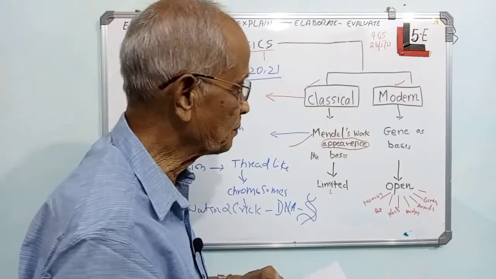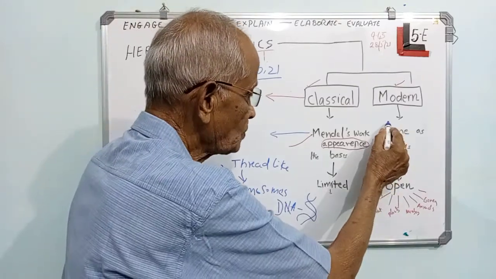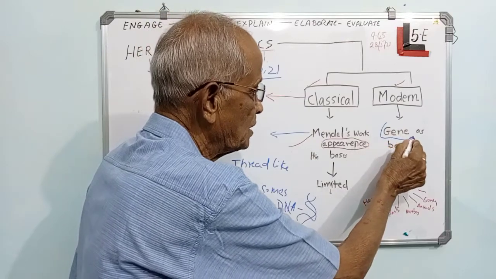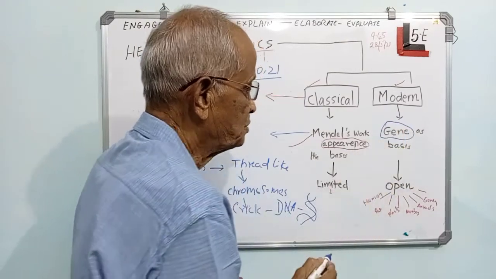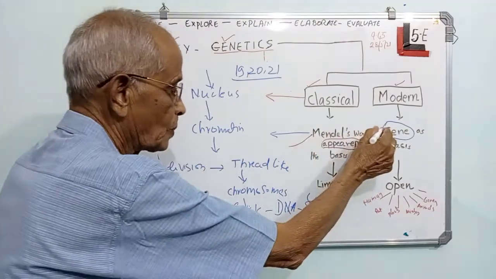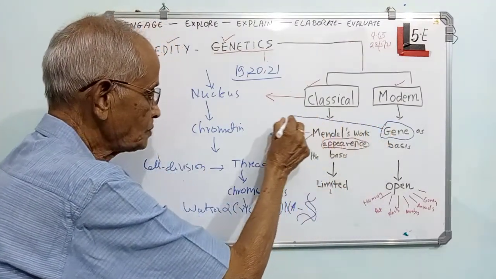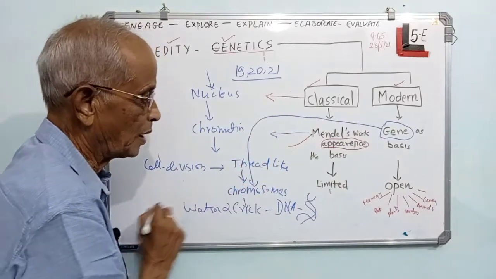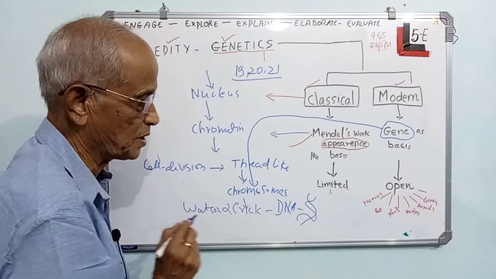Modern genetics means all the observations we do are based upon the gene. Gene again is present on the chromosomes. We will come to that at a later stage.